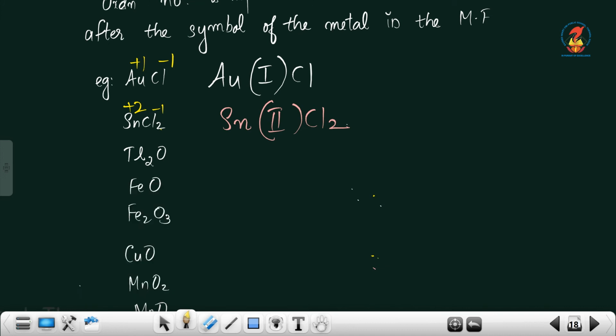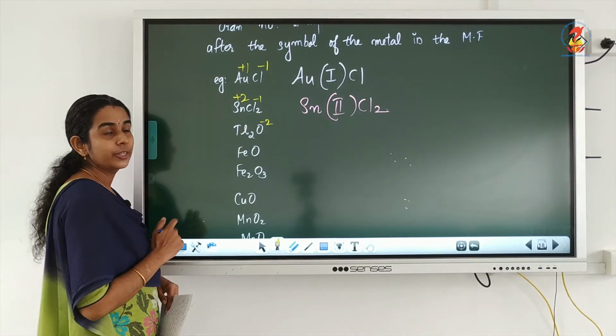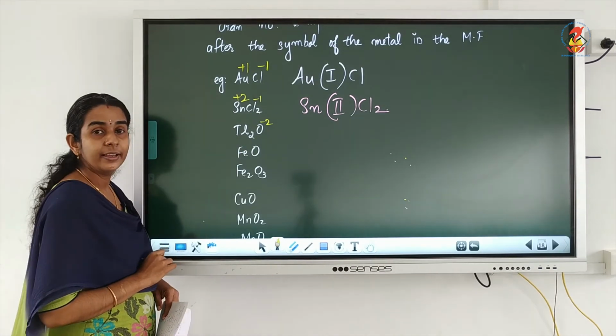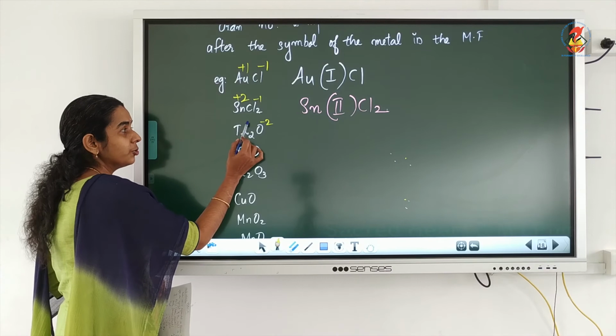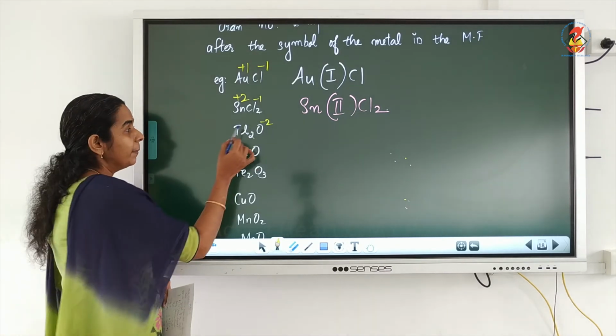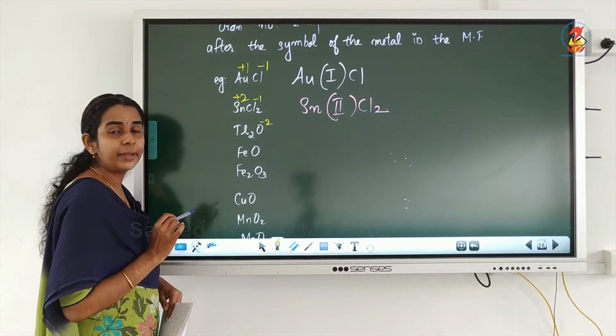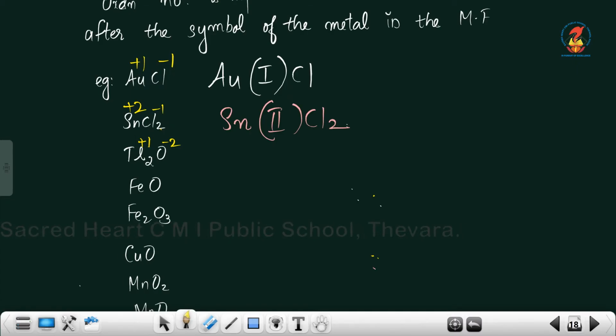Now the next one is Tl2O. We know oxygen oxidation state is minus 2. Sum should be equal to 0. So here it should be plus 2. Thallium, here it should be plus 2, then plus 2 plus minus 2, it will be 0. But here we have 2 thallium atoms. So 1 thallium it will be plus 1. So just check whether we are getting 0 or not.